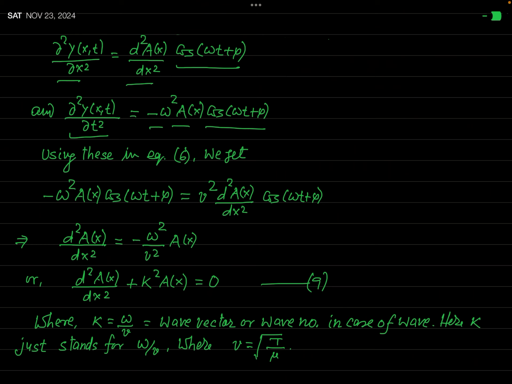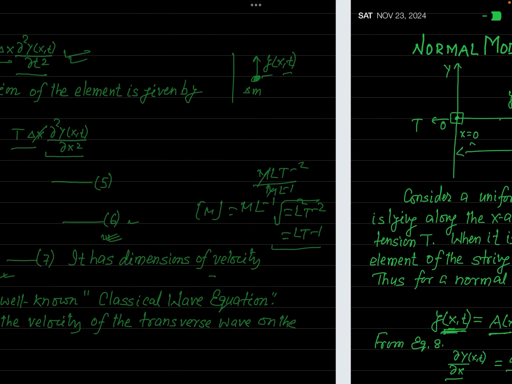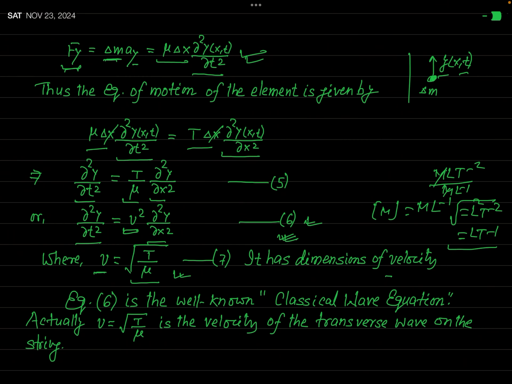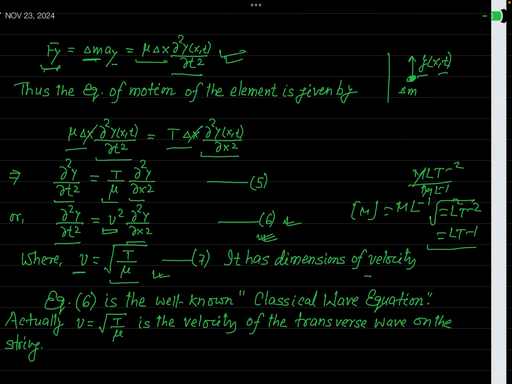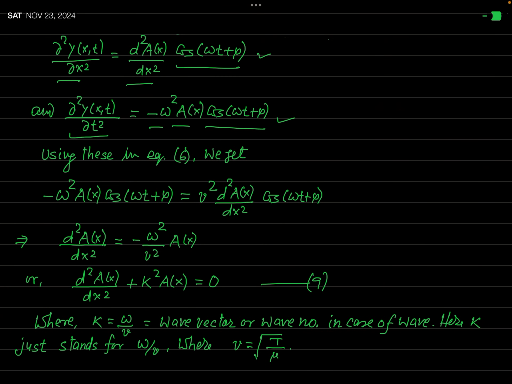Now let us substitute these two values, that is the values of del 2y by del x square and del 2y by del t square which we have obtained here, in this equation 6, which I have written earlier. After substituting, your result will be minus omega square times A of x times cosine of omega t plus phi equal to v square times this much.